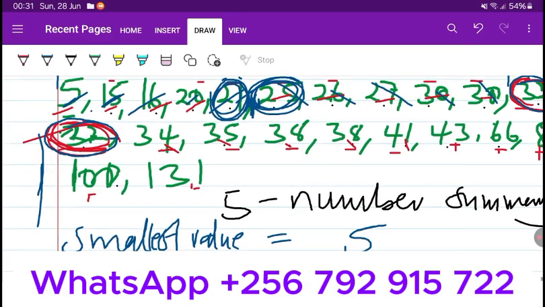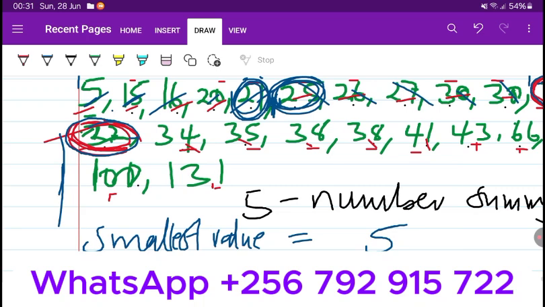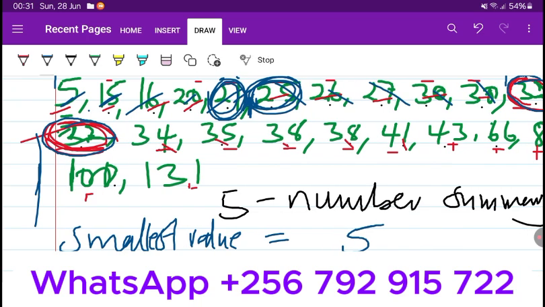We also counted, and there were 10. So we count 4 from the right, then 4 from the left. So this is 1, 2, 3, 4. Then we also count 1, 2, 3, 4.